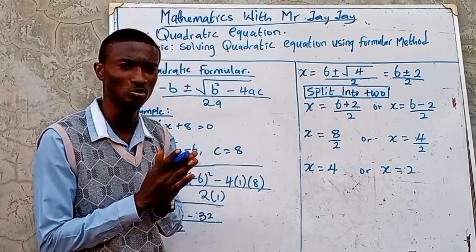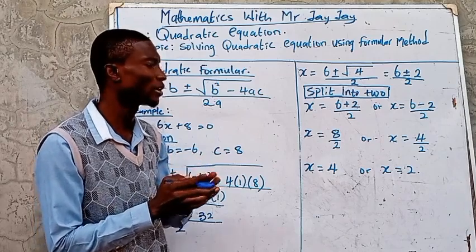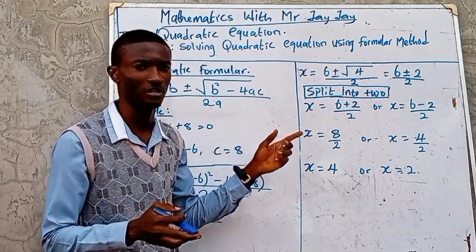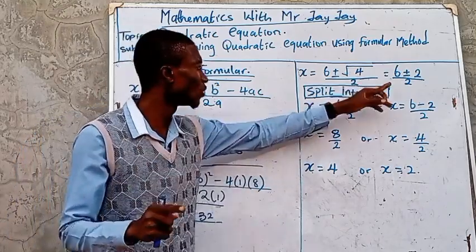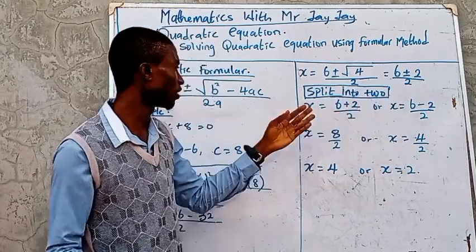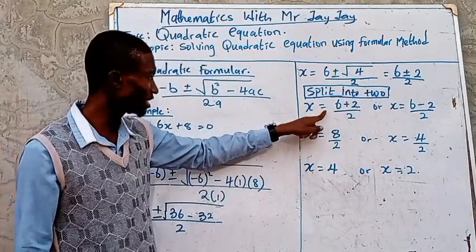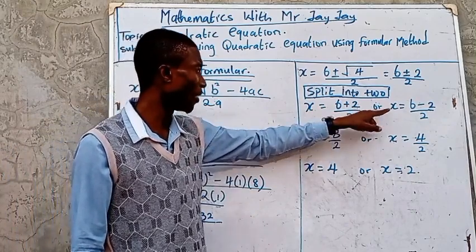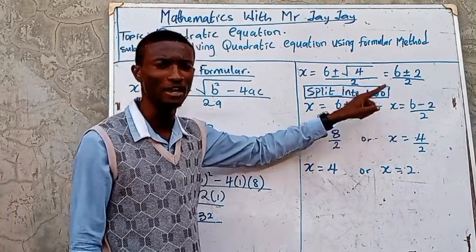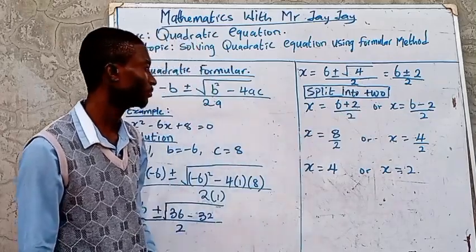It's important that you do that, because when you forget to do that, we are going to have a problem, because you are going to be given only one solution. So by the time we split the operation into plus and minus, we are going to have x equal to 6 plus 2 all over 2, or x equal to 6 minus 2 all over 2.